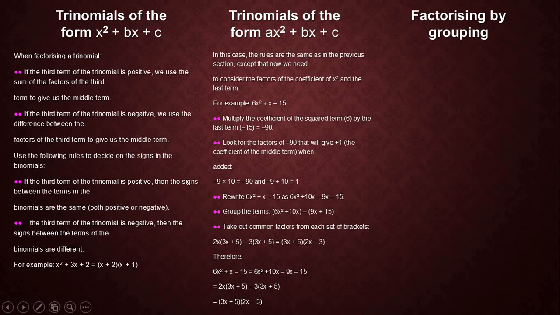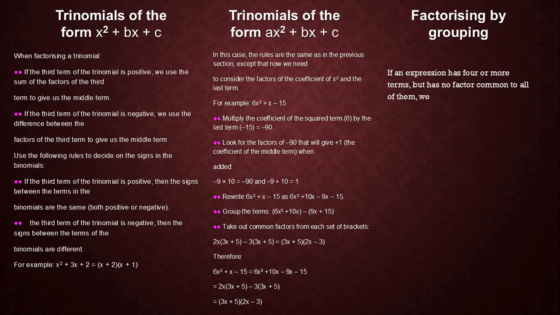Moving on. There's another way to factorize. You factorize by grouping. This is one of the common ways of factorizing, especially from grade 8 and grade 9, which you have already learned. We're still going to continue with the same procedure.